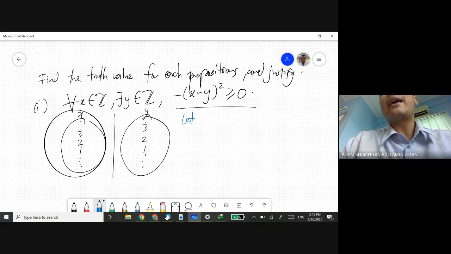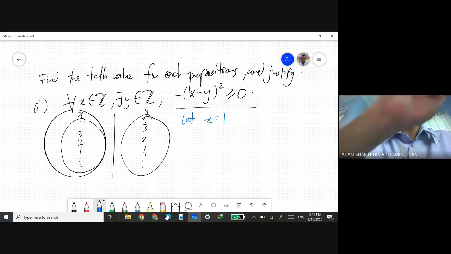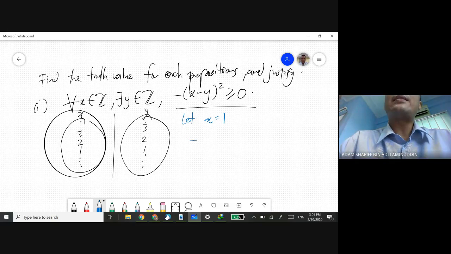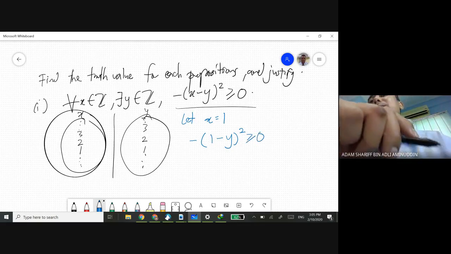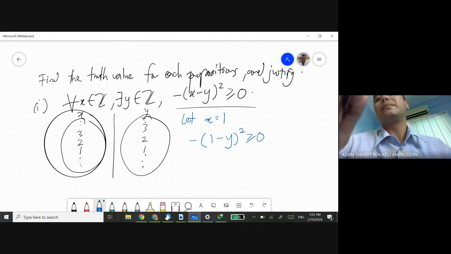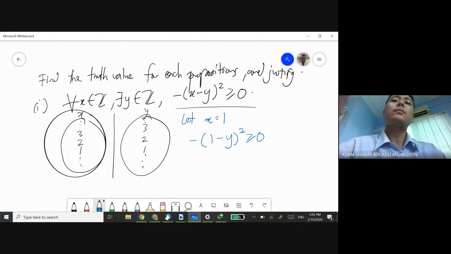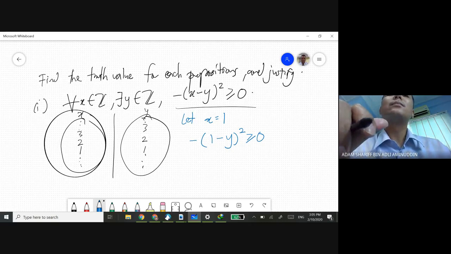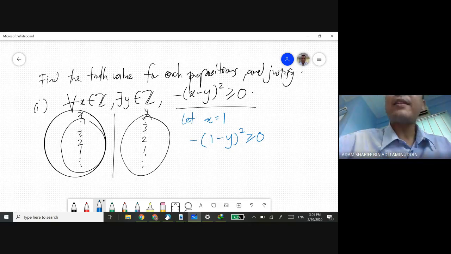Most of the students, I advise you to do this kind of thinking. Let x equal to 1. I take the smallest one in my case just now. Negative 1 minus y squared larger than 0. What will be the y if it exists? Then you try to solve the inequality.